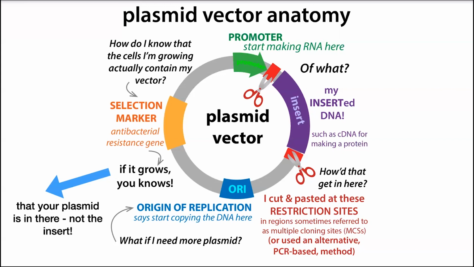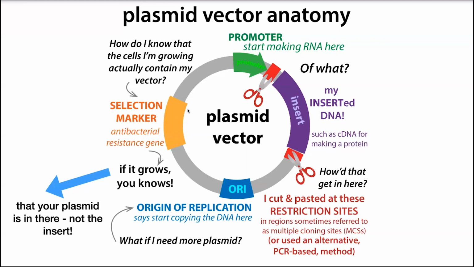But first, a little about why we're doing this. Basically, the plasmid in that generic part is going to have a selection marker, which is typically an antibiotic resistance gene. This will only allow bacteria to grow if they actually have that antibiotic resistance product, meaning that they have the plasmid.